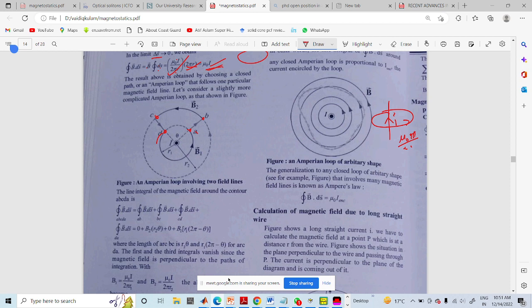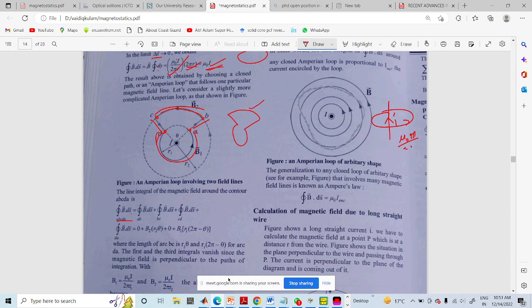To calculate B dot ds, we have to divide everything part wise: for a b c d a, we have ab, bc, cd, and da. That means this way, then this way, then this way, and then this way.